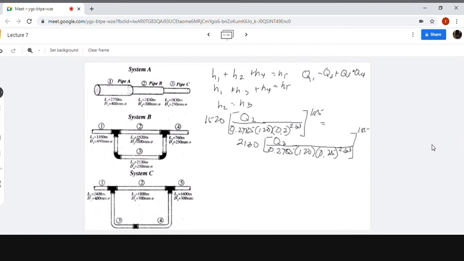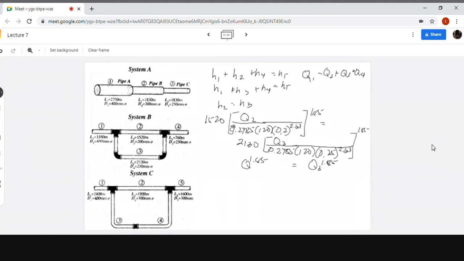So we equate them and substitute the values, then we can have Q2 in terms of Q3. We take the constants, so this will become Q2 to the 1.85 is equal to Q3 to the 1.85.